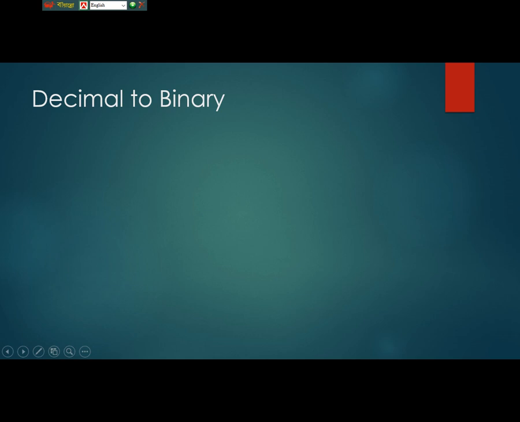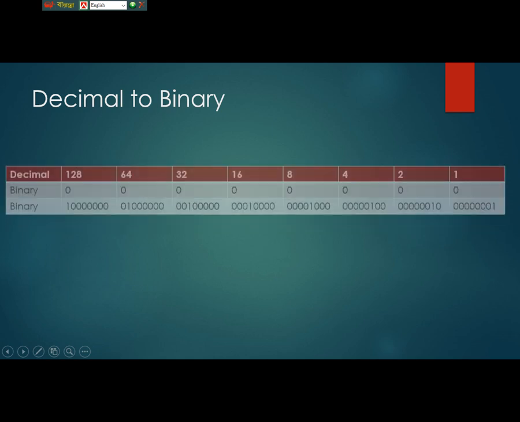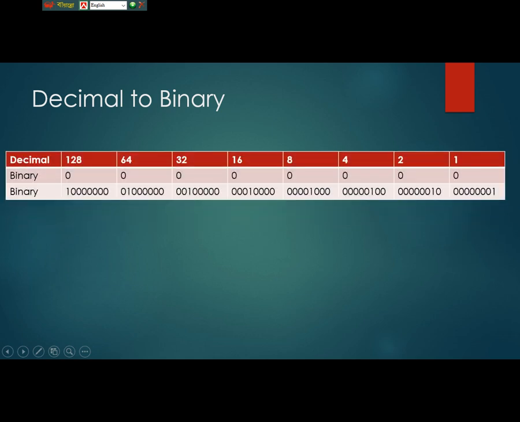Please see decimal 128. Our bit is 8 bit. So the first bit is 1 and the remaining 7 bits are 0.